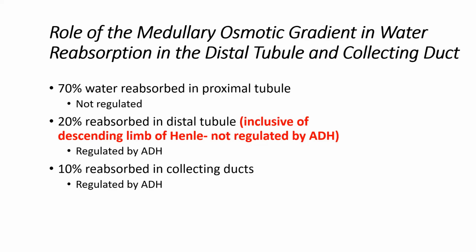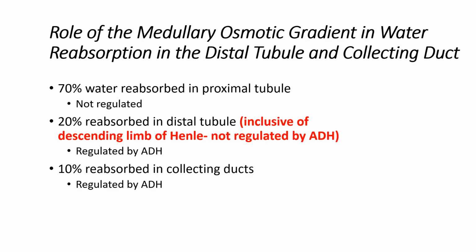The other 20% is somewhat mixed. So 20% of it happens according to the later parts of the tubule. So that is the distal tubule, but then it's also incorporating what's happening at the descending limb of the loop of Henle. The distal tubule is going to be regulated by ADH, so antidiuretic hormone. We'll talk about that in a minute. But the loop is unregulated as well.